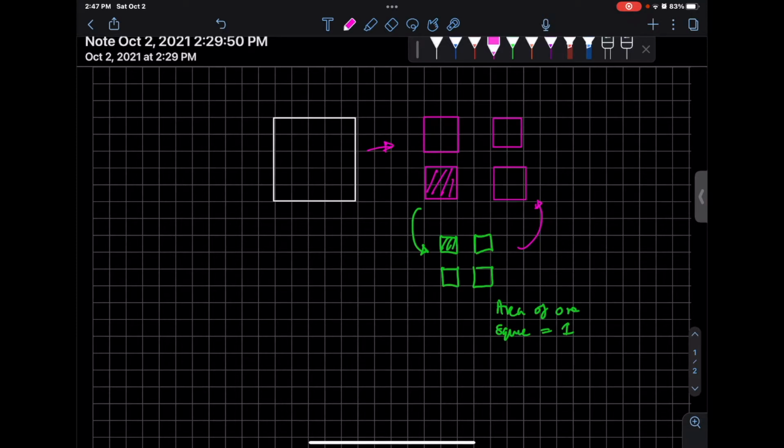hey, actually I know the area of one of these. You are made up of 4 of me, and one of me has area 1. So this function goes, oh okay, I'm going to take what you returned and multiply that by 4, because I'm made up of 4 of those. And then this sends it back up here.